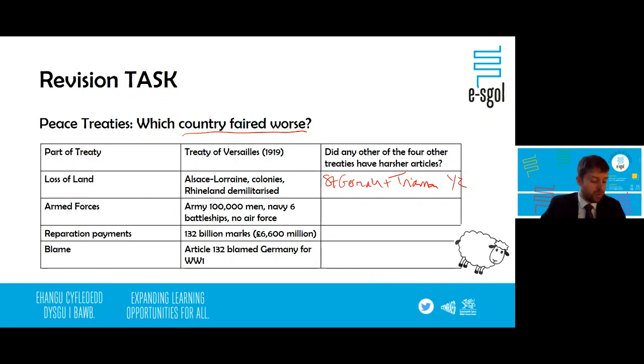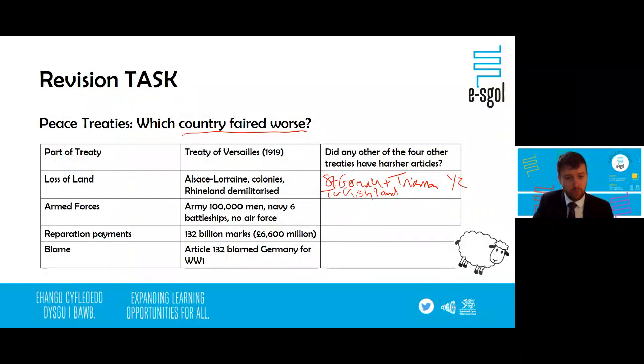The Treaty of Sèvres saw Turkey, or what was left of Turkey, only able to claim Turkish lands. So the Ottoman Empire at the time had land in North Africa, the Middle East, but what was left of the Ottoman Empire could only have the land which was Turkey. Whilst the Treaty of Rapallo, which replaced the Treaty of Brest-Litovsk, potentially improved land for Russia.